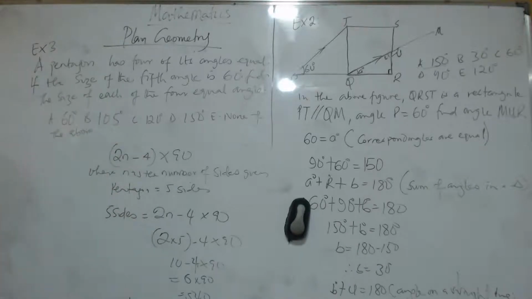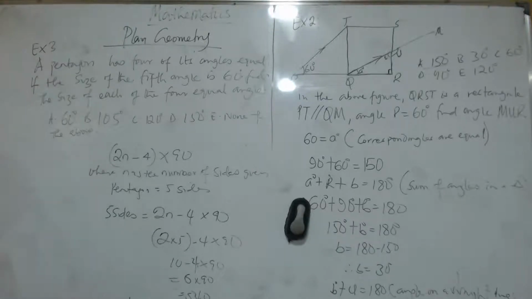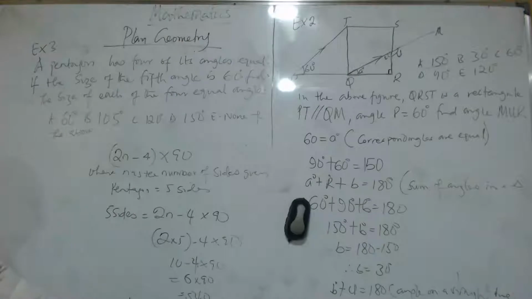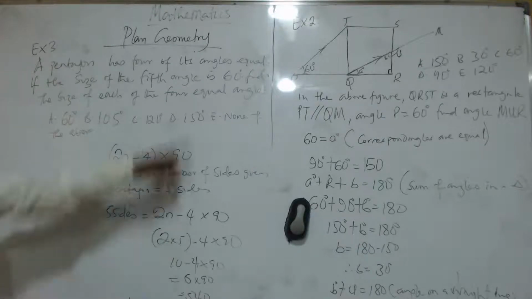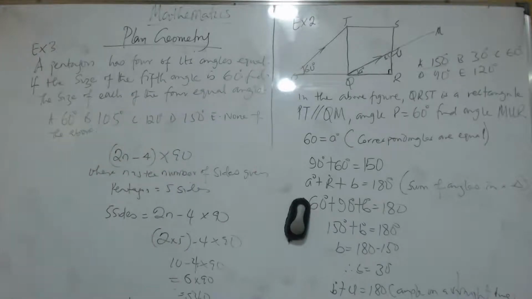So this you have 4x plus 60 equals 540. Why am I having 4x? The question says the pentagon has four of its angles equal. So let each of the angles be x. Since they are equal, four of the angles are x, so we have 4x now. Then one of the angles we are given, the fifth angle, is 60 degrees.